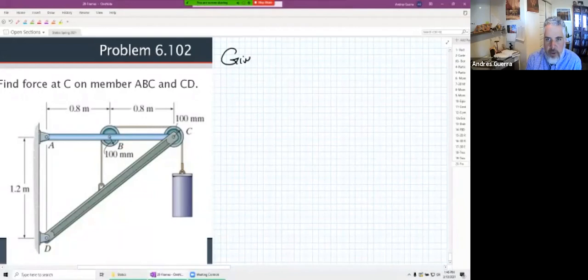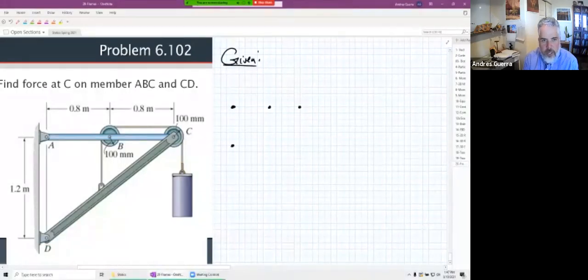This is the problem that we're going to continue solving on Friday. For the given information, I'm going to draw the points first, and then I'll draw my rigid object around those points. Point A is there, point B is here, point C is there, and point D would be about right there.